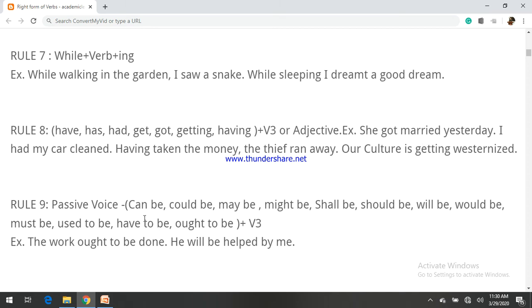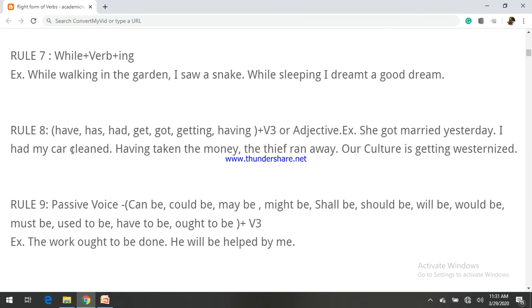And then, I had my car cleaned. Had is after the subject, but the main verb is at the end of the sentence. So no matter where it is, inside the sentence there is had. That means after had you have to change the verb into the past participle or V3 form.